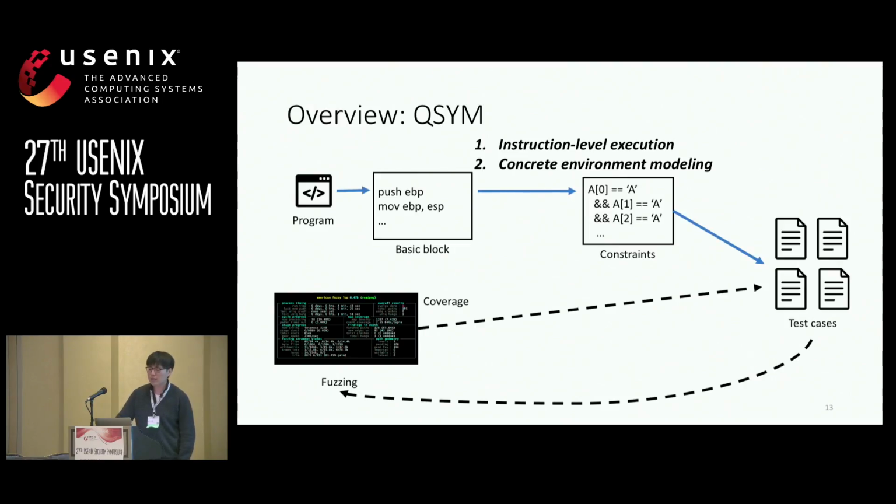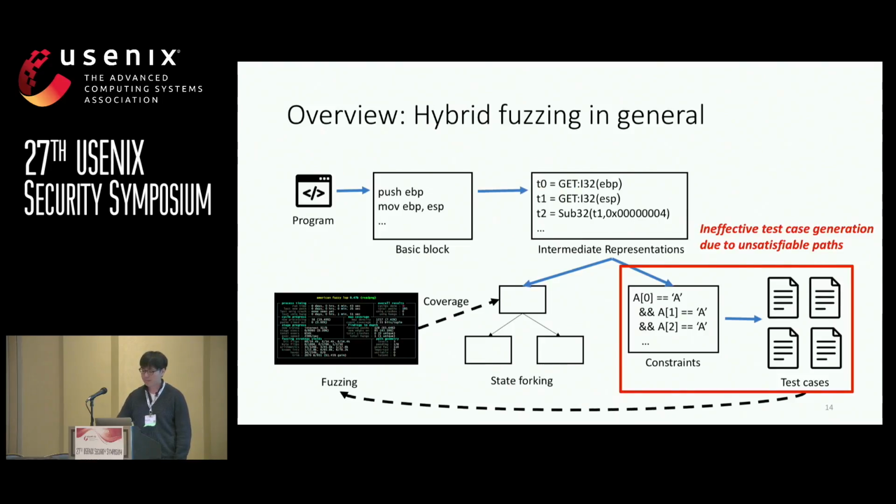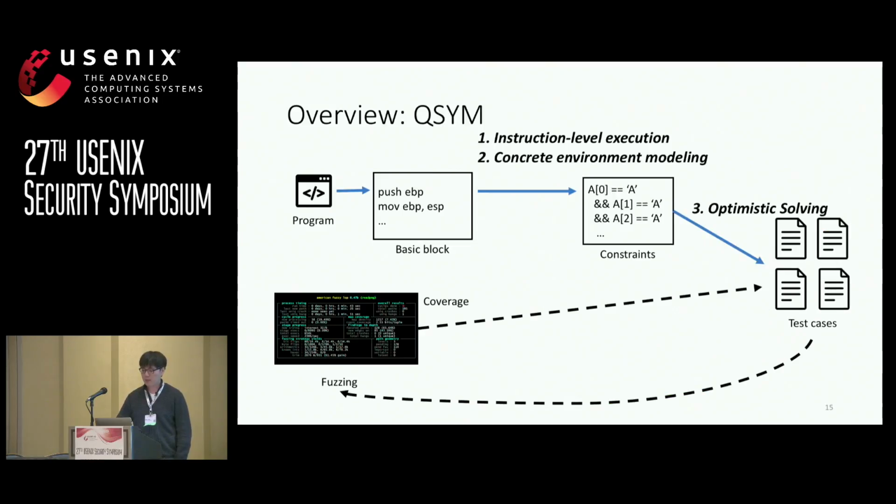Therefore, instead of forking, we use concrete environment modeling to support complete system calls. And third, when we generate the test cases from the constraints, there is inefficiency that comes from unsatisfiable paths. So QSYM optimistically solves these constraints to generate useful test cases for fuzzing.